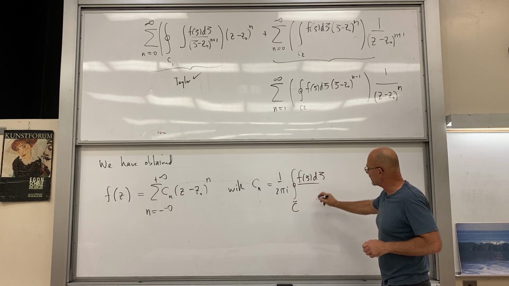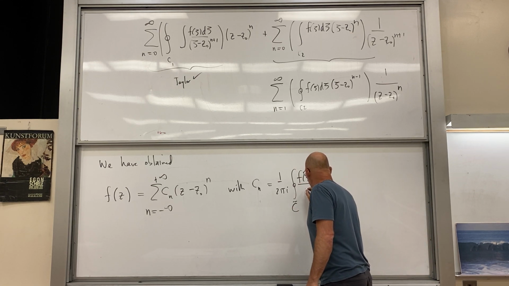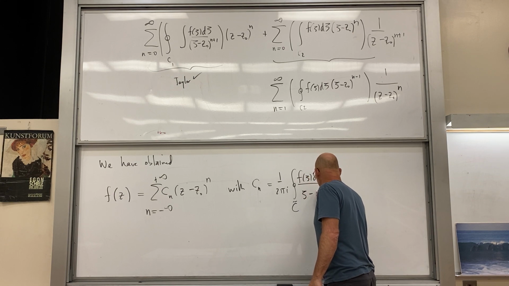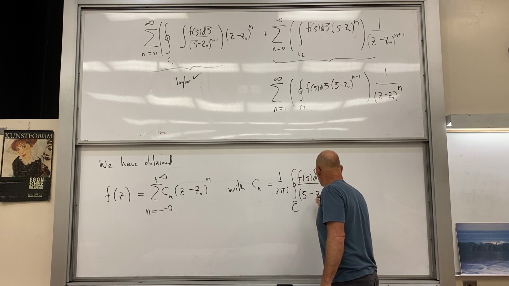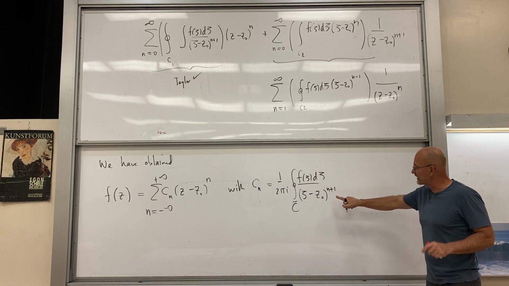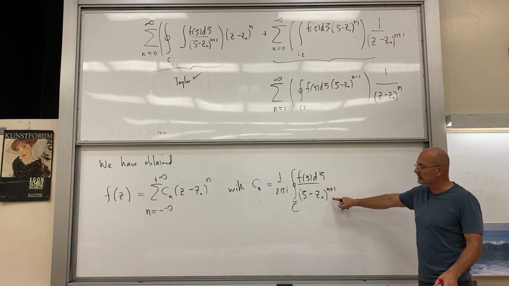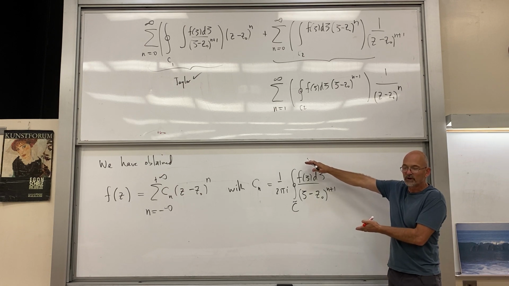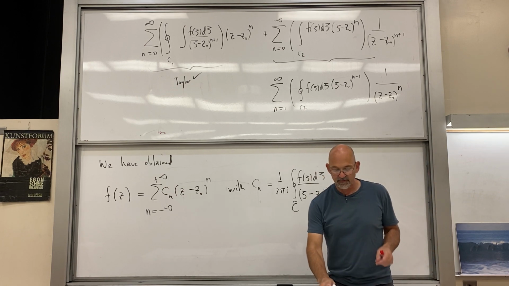I'll have to discuss that in a moment. Over zeta minus z sub 0 to the n plus 1. So we have to convince ourselves that this holds true for the negative powers as well, because it's really nice. It's just that one uniform expression that we had before.